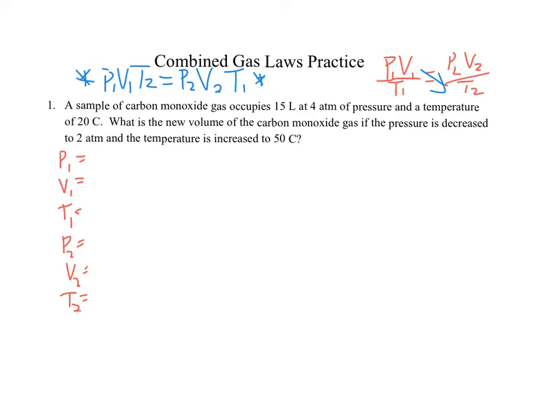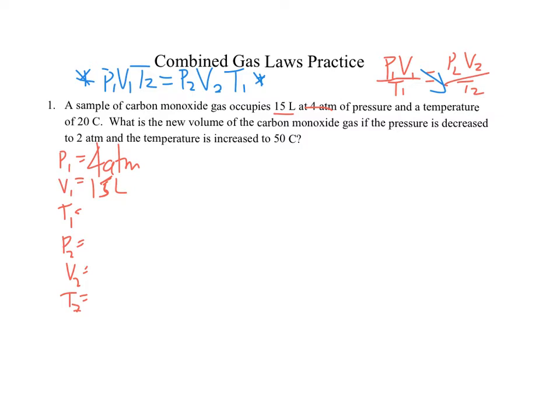A sample of carbon monoxide gas occupies 15 liters at 4 atmospheres of pressure and a temperature of 20 degrees Celsius. So that's our starting conditions. So our pressure is 4 atm from right here. 4 atms is our starting pressure. Our initial volume is 15 liters. And our starting temperature says 20 degrees Celsius.